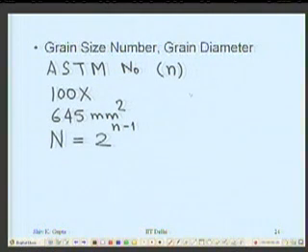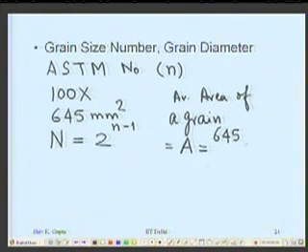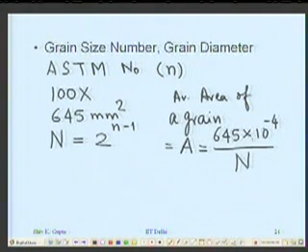So average area of a grain, let us say A, is 645 millimeter square multiplied by 10 to the power minus 4 divided by capital N. Because this many grains in this much area, and so average area is area divided by number of grains.